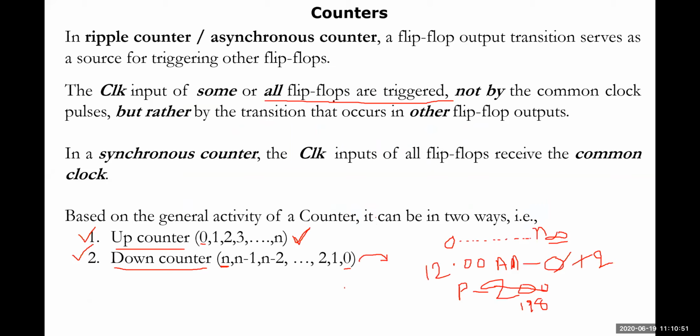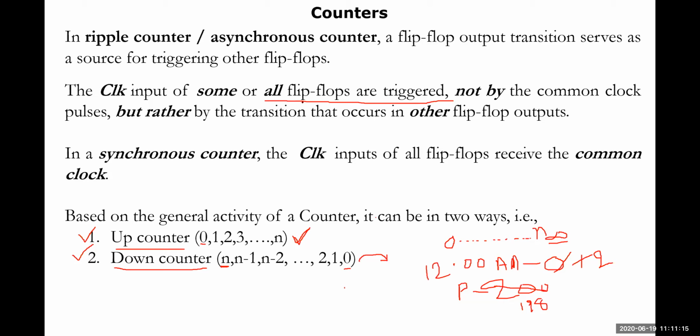If the previous flip-flop generates some output, then based on that activity the next flip-flop is going to perform. Based on what we connect to the clock input, the flip-flop is going to be activated.